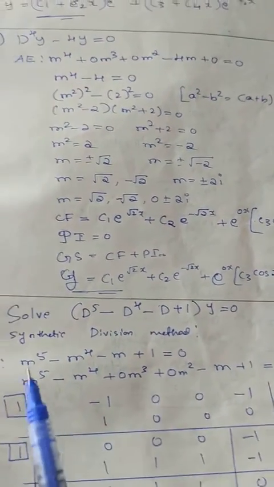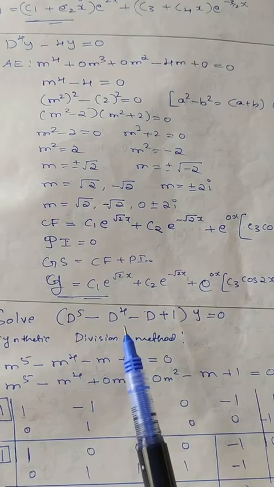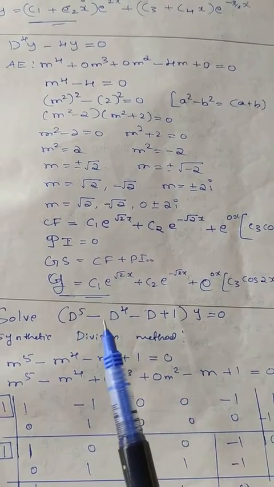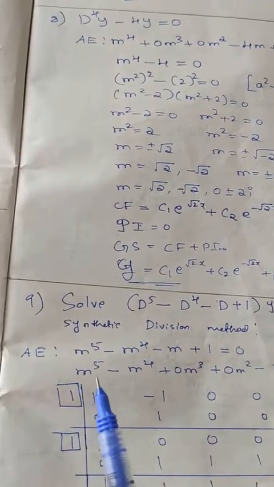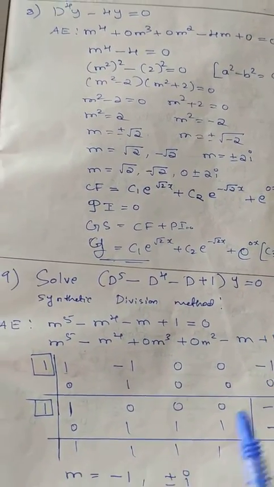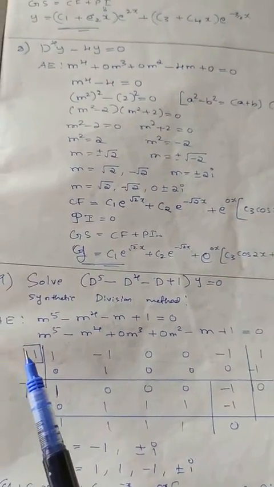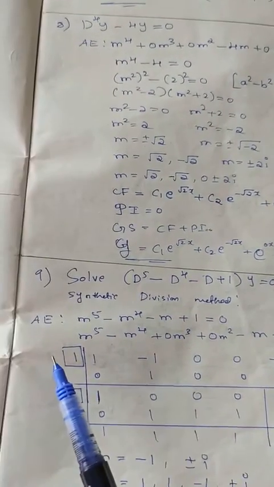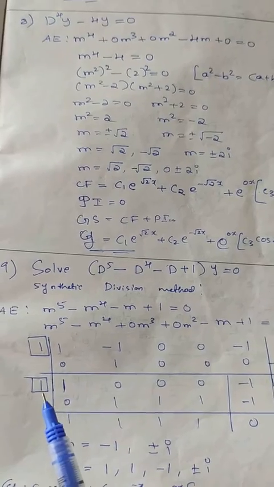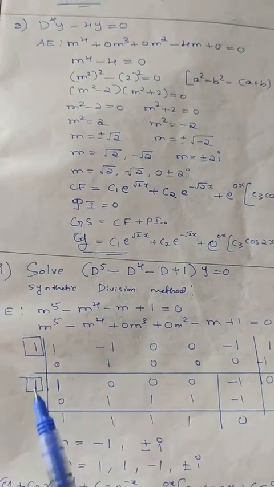Okay. Similarly, D power 5 minus D power 4 minus D plus 1 into y is equal to 0. Same, write the auxiliary equation. Verify with 1. For 1 we get 0, that means 1 is a root. Next, again start with 1 only for these constants.